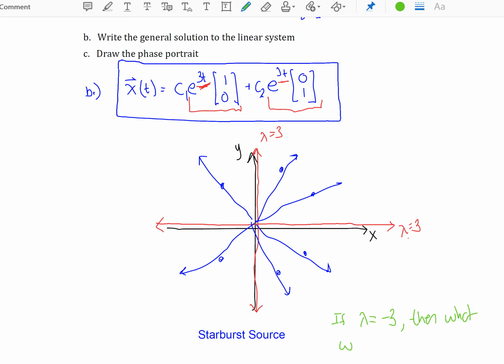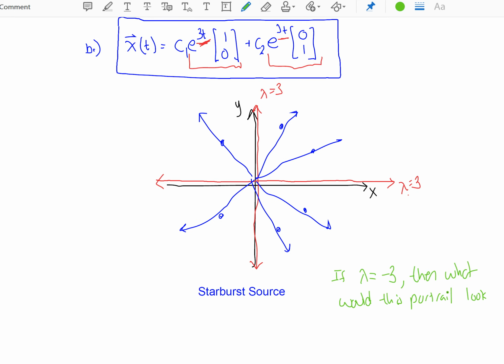Then what would this portrait look like? I'll leave that for you to consider and to refer to those supplements to help you with that.